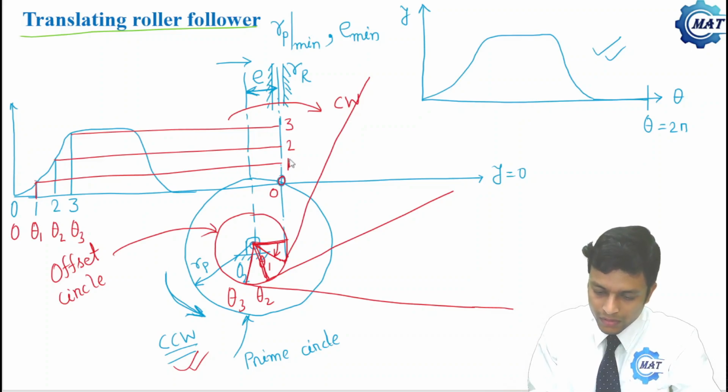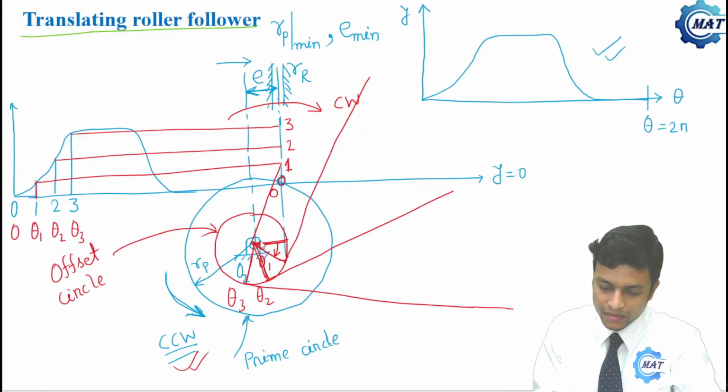Now when 1 is here, the height y1 is here, the actual position is the distance of 1 from O2, which is this one. So we'll draw an arc with radius O2 to 1, and that cuts the corresponding tangent here.